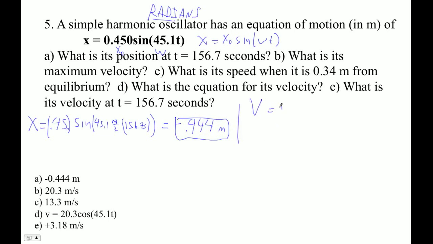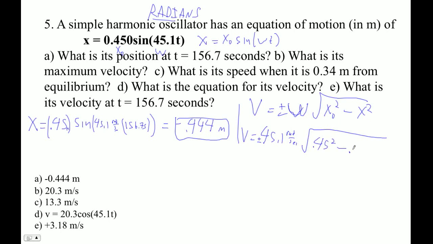V is plus or minus omega, that's an omega, square root of x naught squared minus x squared, right? So that's going to be, do we have omega? Yeah, it's 45.1. Okay, so V is 45.1 plus or minus this, right? This is rads per second, right, times the square root of, the amplitude is 0.45 squared minus 0.34 squared, right?